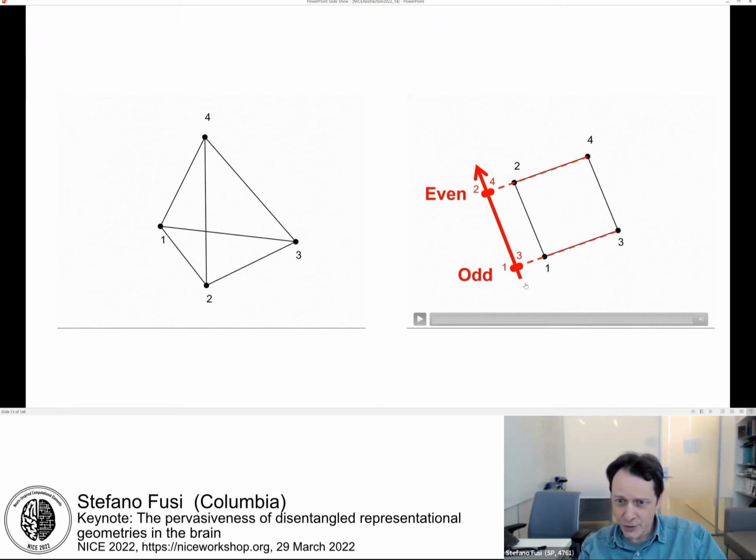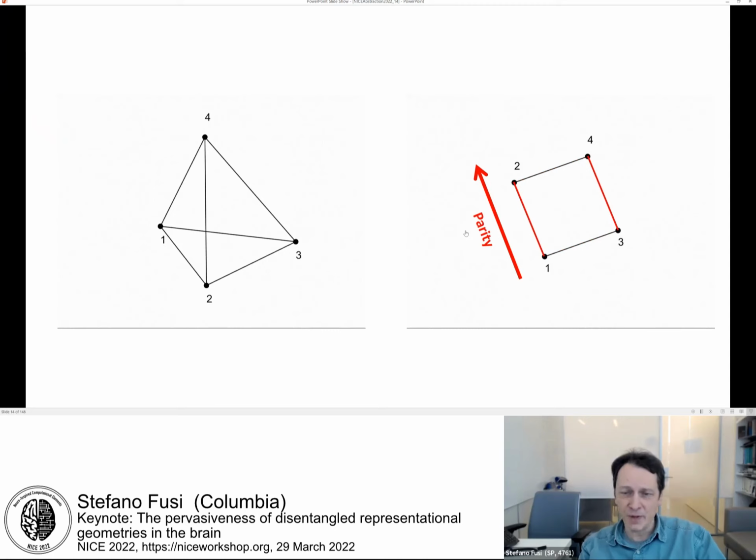So for instance, if I consider this line, which is clearly one subspace, and then I project all the points along this line, you see that 2 and 4, the even digits, will be together, and 1 and 3 will be together. Okay? So now this concept of parity is special, is different from the other dichotomies, the other ways of grouping together the different digits.